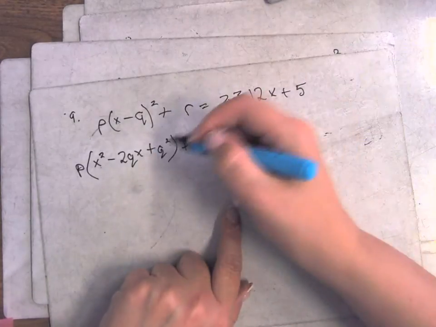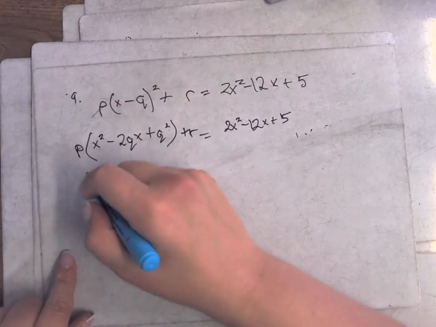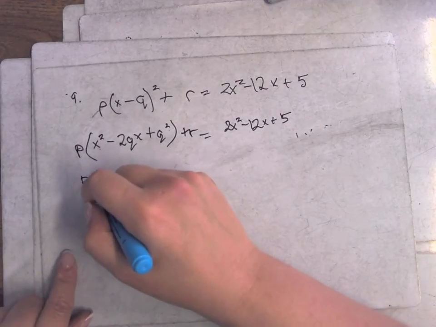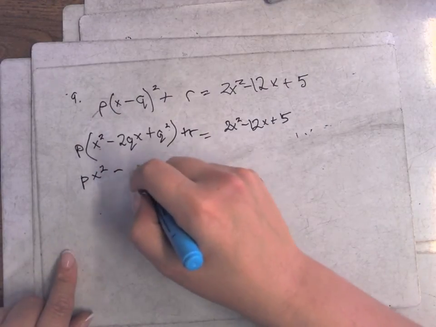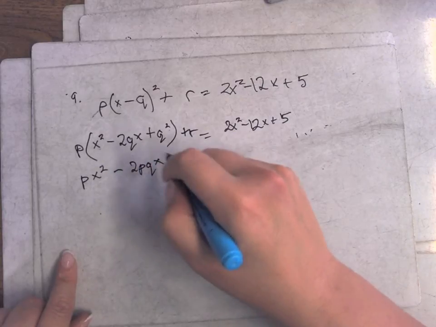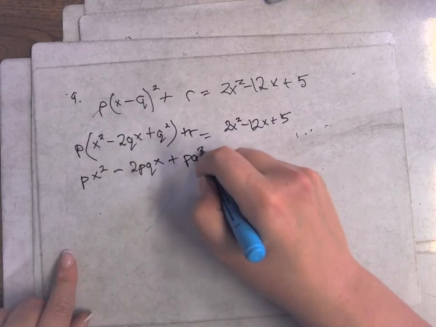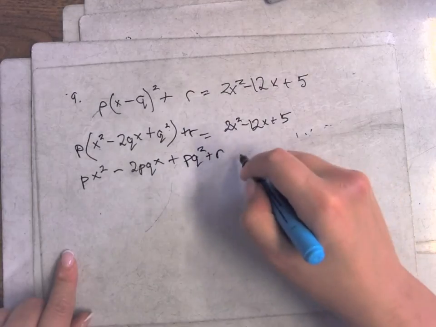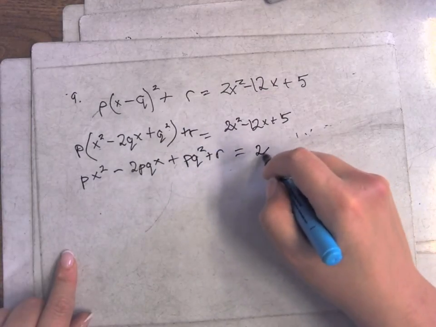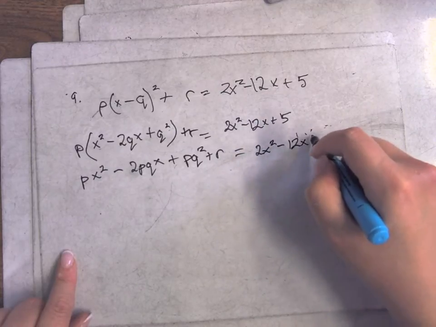Right, what do I do now? Multiply in by p, will I? So you get px squared minus 2pqx plus pq squared plus r equals 2x squared minus 12x plus 5.